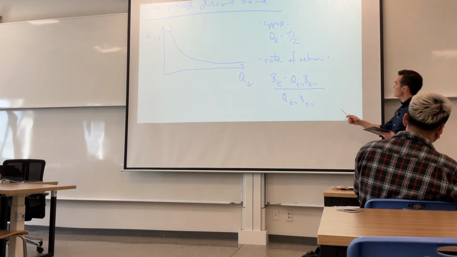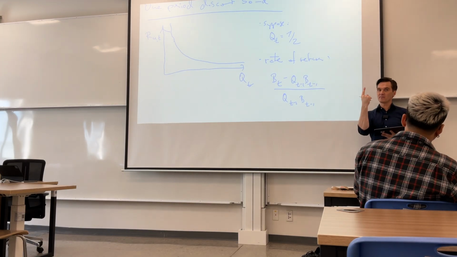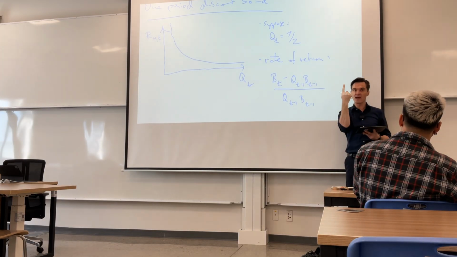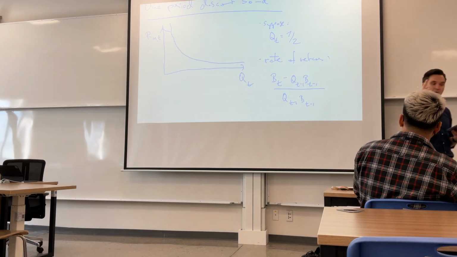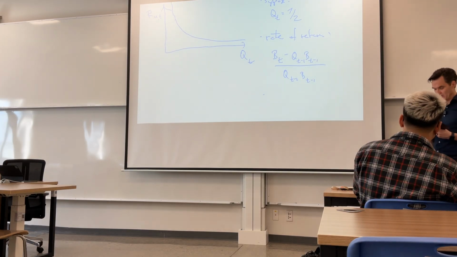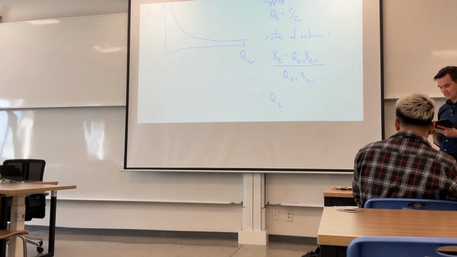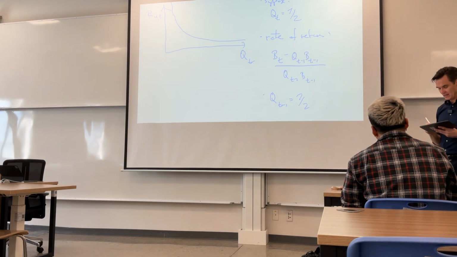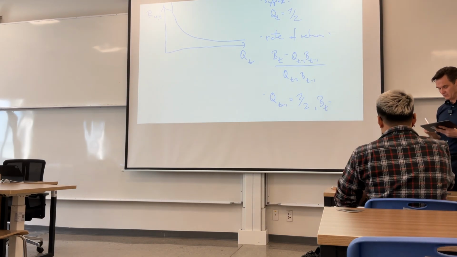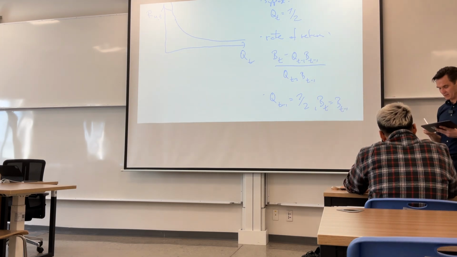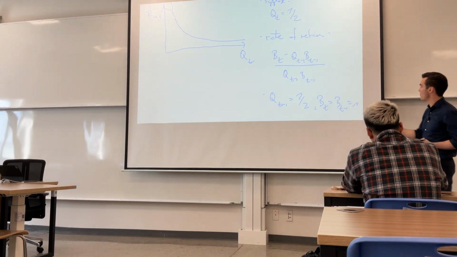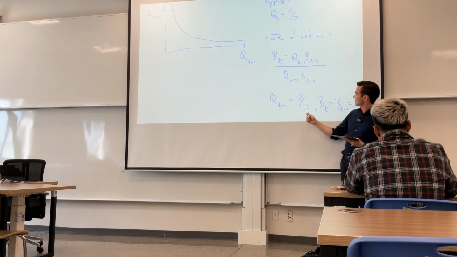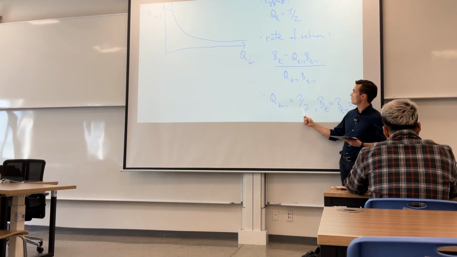Now suppose you just bought a bond that pays you 1 unit. So suppose this is all equal to 1. You just bought a bond that pays you $1. So now with QT minus 1 equal to 1/2, and BT equal to BT minus 1 equal to 1, you're buying a bond that pays 1 unit of currency tomorrow, and you pay 1/2 of a dollar for it.